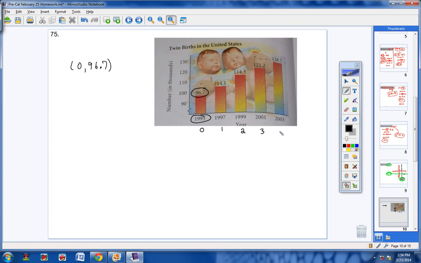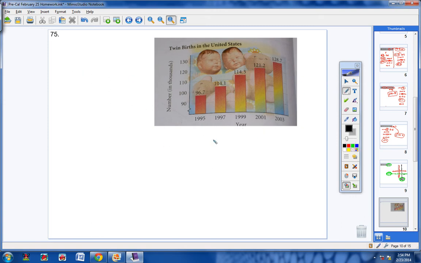3. So your ordered pairs would be 0, comma, 96.7, and the next ordered pair would be 1, comma, 104.1, so on and so forth. So if you were to draw a line, do you kind of see how it lines up somewhat in a straight line? So they want you to pick any 2 points that you want to pick and use those 2 points to write a linear equation.